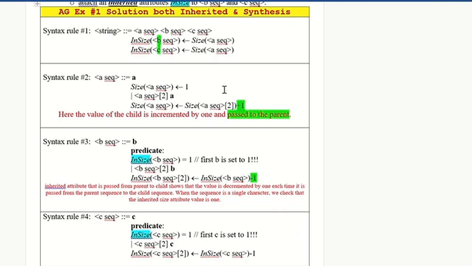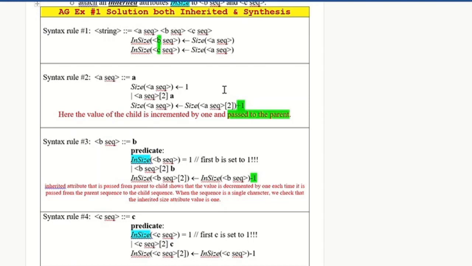I want you to put in syntax rule number 2, somewhere on there, say that this one is using synthesis. A is using synthesis. Now there should be some type of dead giveaway on that.